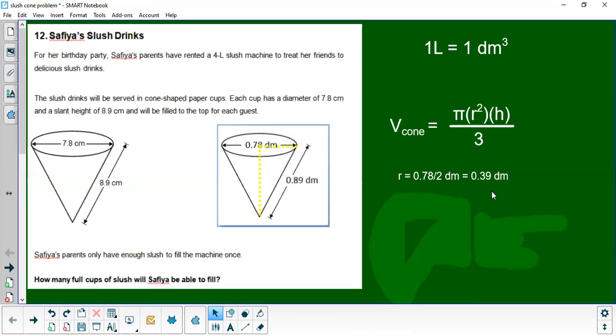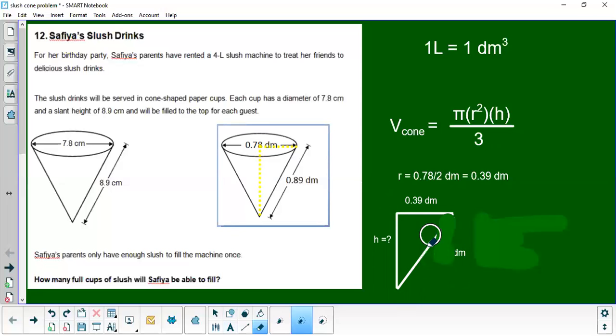Let's call the height h. So this is what the triangle looks like: 0.89, 0.39, and we have to find this part. That's a right triangle there.